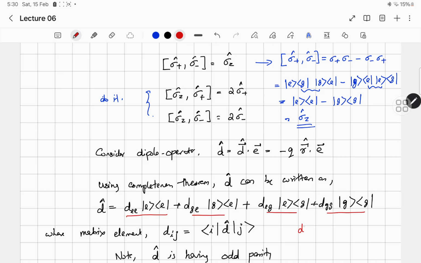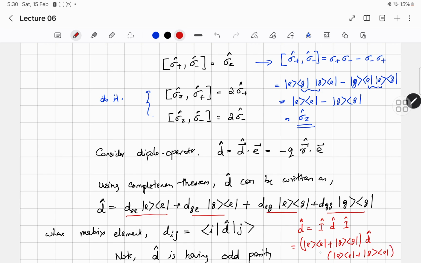Suppose you have some operator D, then D can be written as the identity operator times D times the identity. Now this identity operator you can write as a sum of outer products of basis vectors. Here we have two basis vectors, so I = |e><e| plus |g><g|, then D, and then another identity |e><e| plus |g><g|.